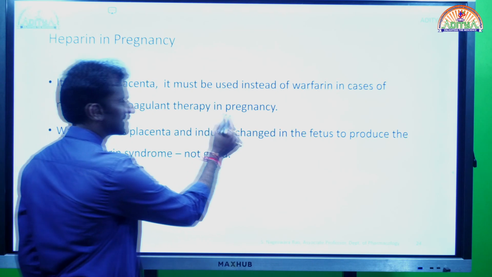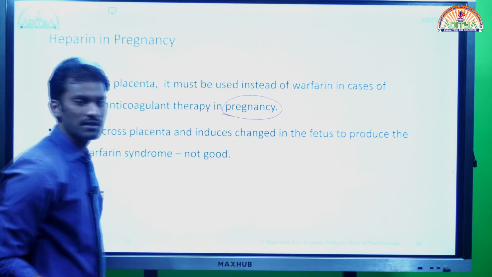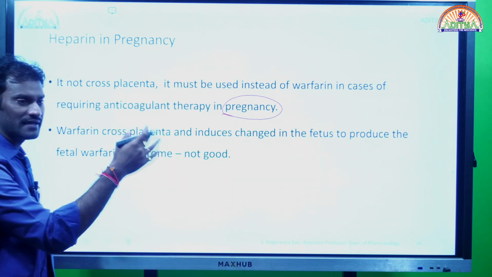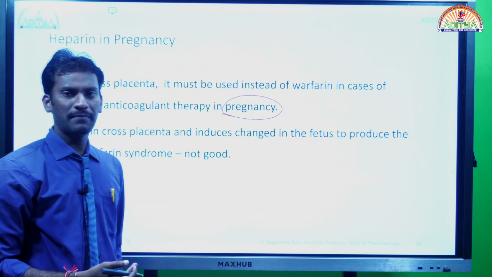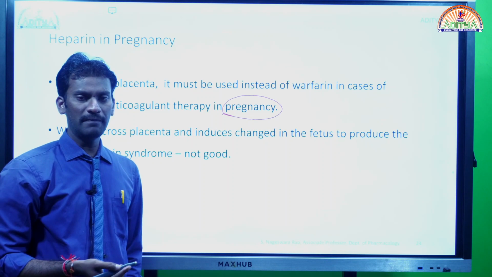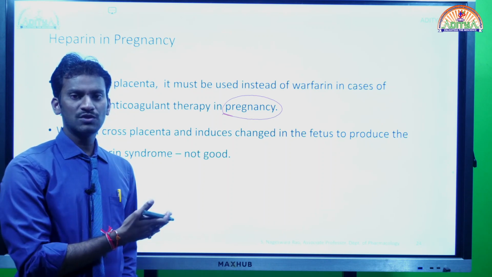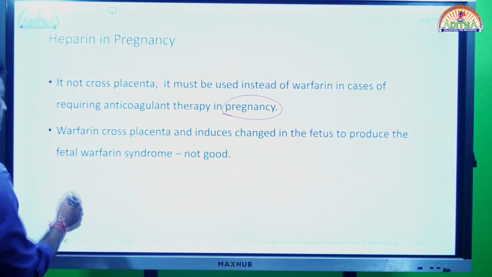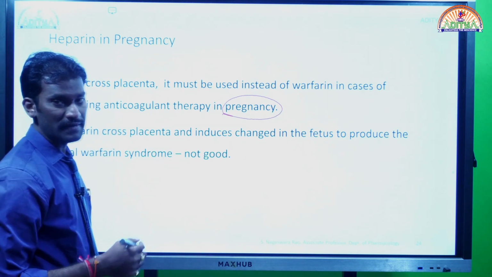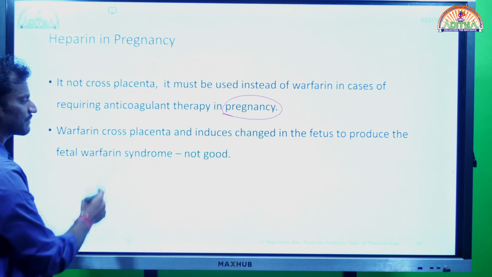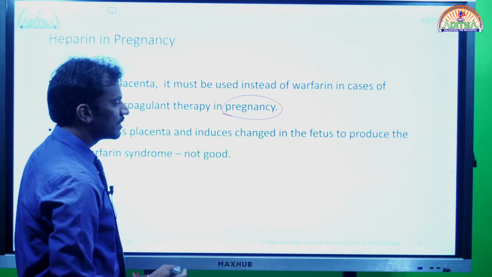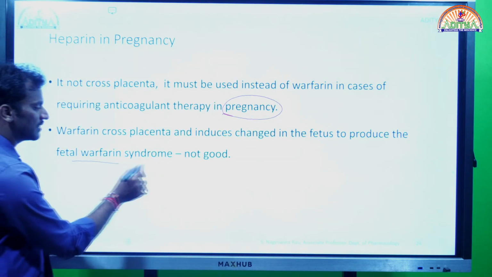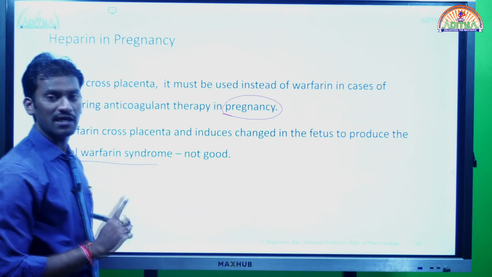In pregnancy cases, heparin can be used very safely because it cannot cross the placenta, so heparin won't go to the fetus, and there is no problem. Whereas warfarin can cross the placenta. Warfarin crosses the placenta and induces changes in the fetus to produce fetal warfarin syndrome. It is not at all advised.